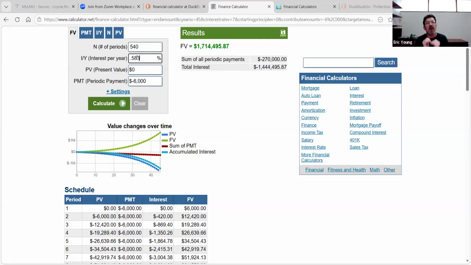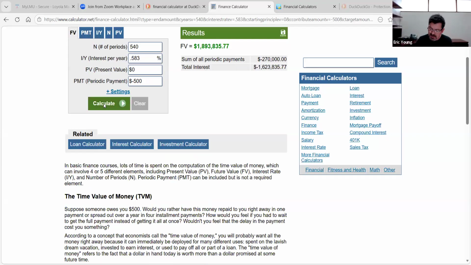That takes us down by a factor of 12. And since it's monthly, we're sending in 500. We calculate it, and we see that at the end, we're going to have $1,893,836. And that's how we do that, okay?